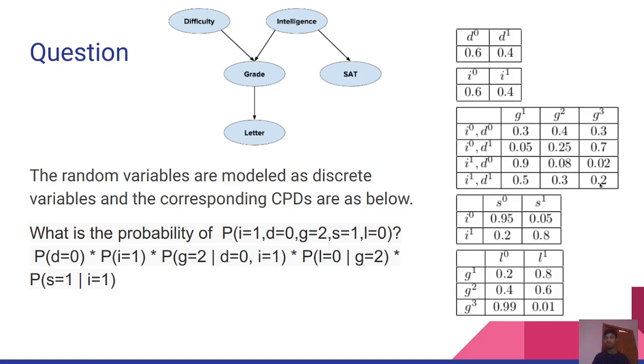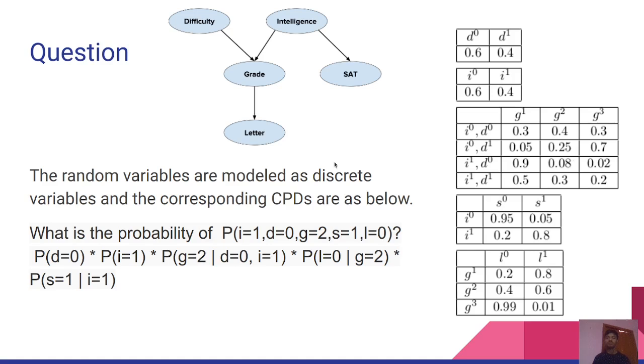From this table, which value should we take? 0.08. Yeah, so here I equal to 1, D equal to 0, and we need G equal to 2. So 0.08 is the value that we need.